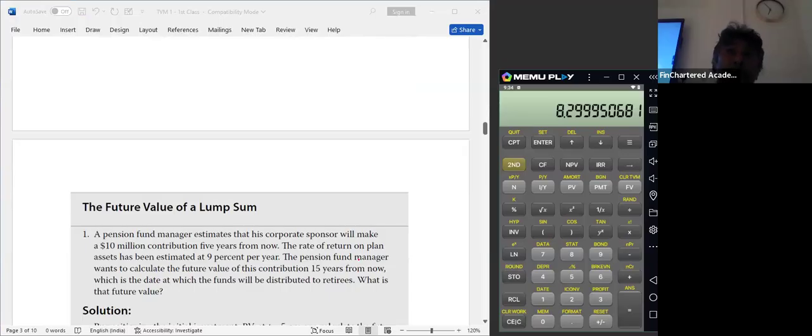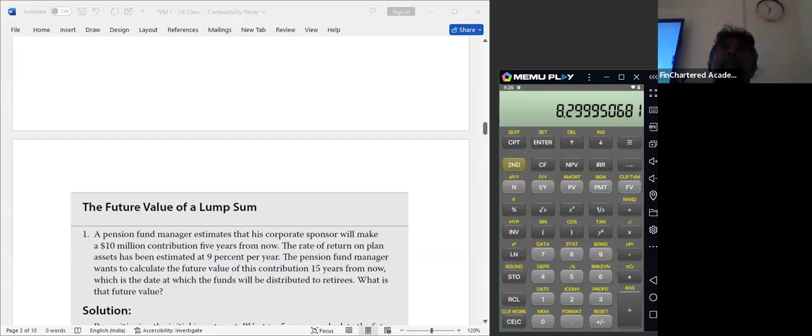We learned to calculate the future value and the present value. And then we also found the future value and present value when we use frequent compounding. In that case, we have to multiply n by the number of compounding frequency, and also divide the rate by the number of compounding periods, and then calculate the future value. And that is going to be higher than the normal annual compounding. That is one thing that we learned.